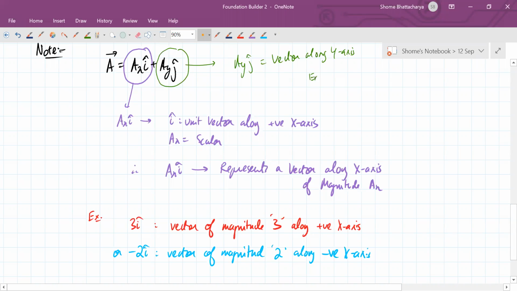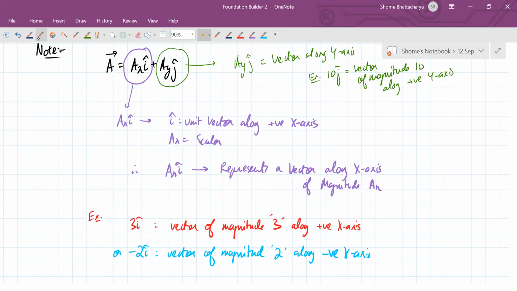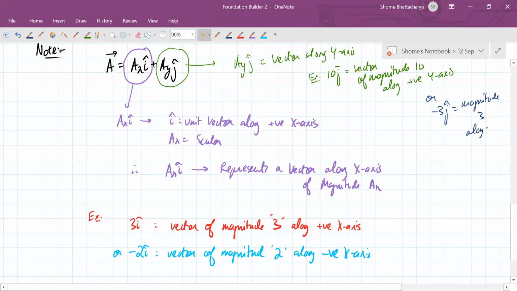Okay. So for example, 10 j cap is a vector of magnitude 10 units but along positive y-axis. Or minus 3 j cap is magnitude 3 but along negative y-axis.